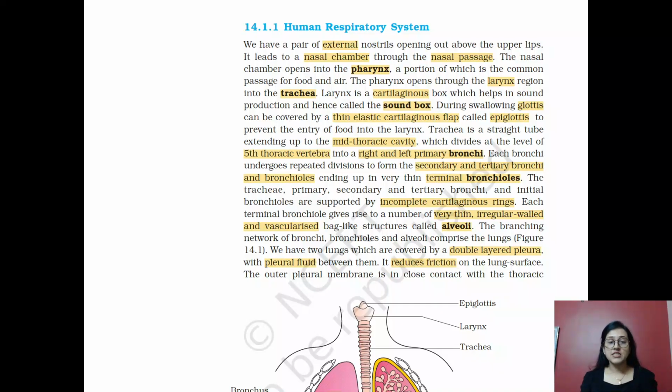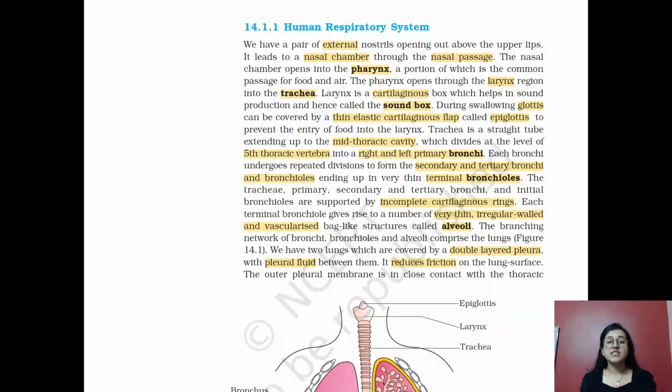From the pharynx, it goes to the larynx region and then finally leads to the trachea. The portion between larynx and pharynx is known as glottis, and it is covered by the epiglottis, which we are going to learn later.